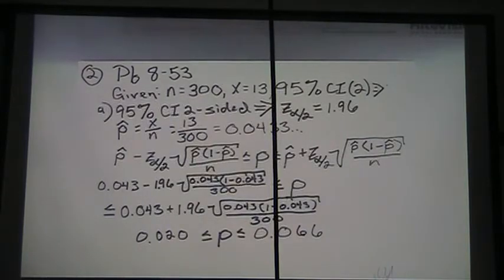So, not too shabby. We have a binomial proportion estimate between 0.020 and 0.066.